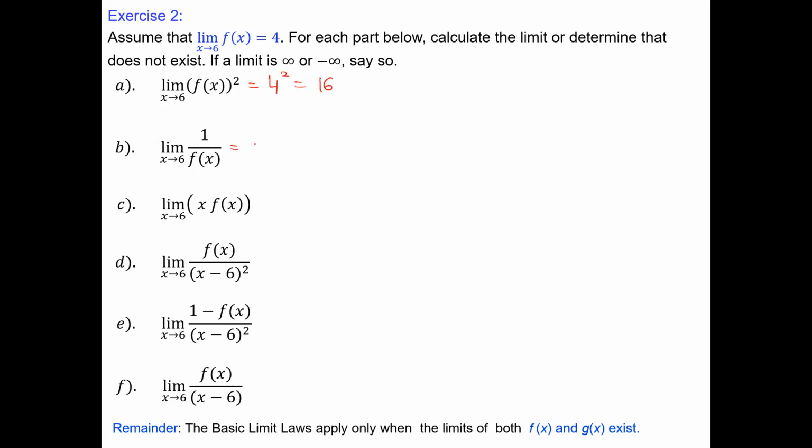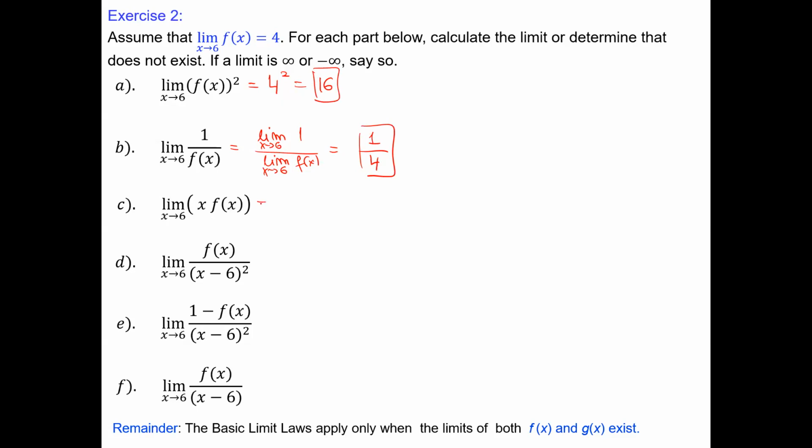Okay, this one: limit as x approaches 6 of 1 over f of x. I can use this property because we don't have to rewrite. The limit of a constant is the constant, and the limit of f of x at 6 is 4. The final answer is 1 over 4.